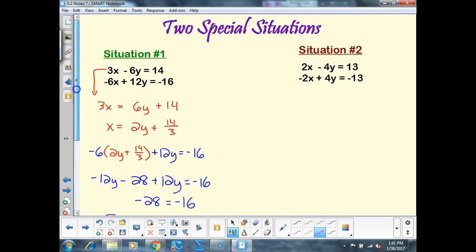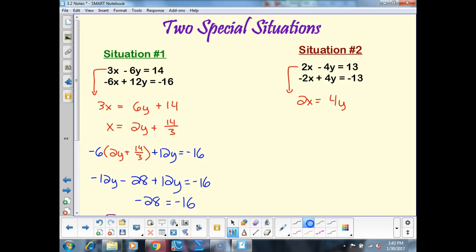All right, so let's go to situation number 2 then. Pick a variable. Pick an equation. X on top again. So then that would be 2x equals 4y plus 13. So then x would be 2y plus 13 halves. Yes?